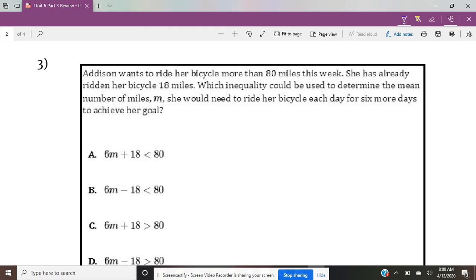Okay, Addison wants to ride her bike more than 80 miles a week. So we do more than 80. Okay, so 80 is going to be on this side. She already has ridden her bike 18 miles.